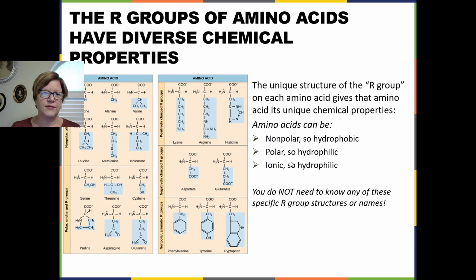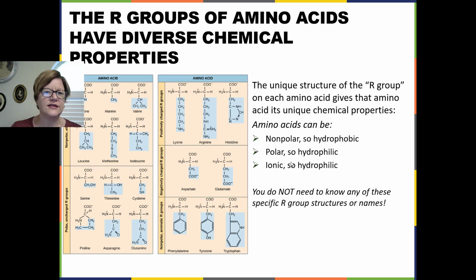So there's 20 of them, and in this picture they've highlighted the R groups in blue. You can see the different R groups, and depending on what the R group is, the amino acid gets a certain name. You don't need to memorize the names. Most of the names end with the letters I-N-E. There's a couple exceptions, but most of them end with I-N-E.